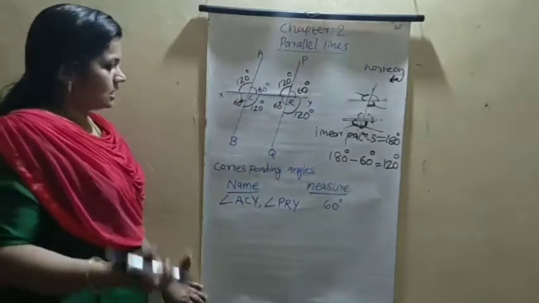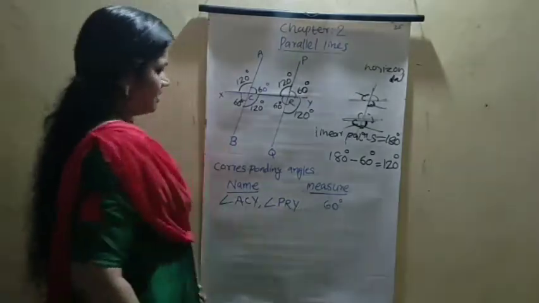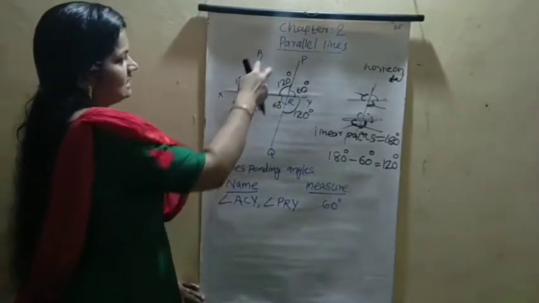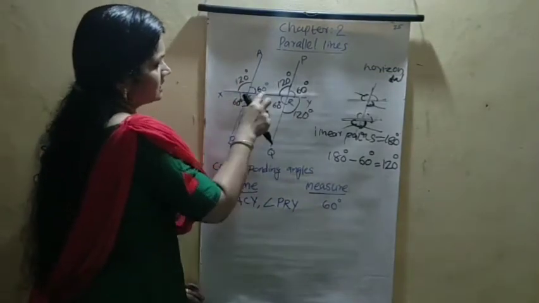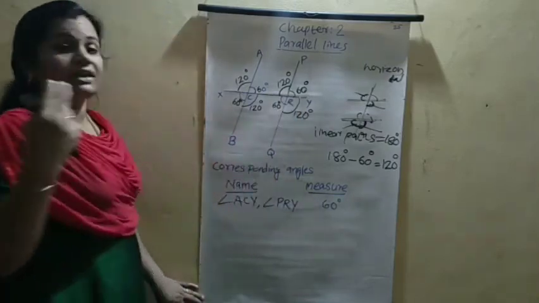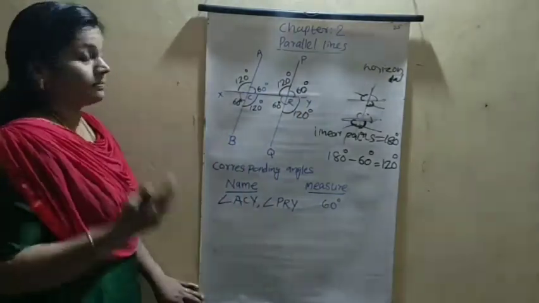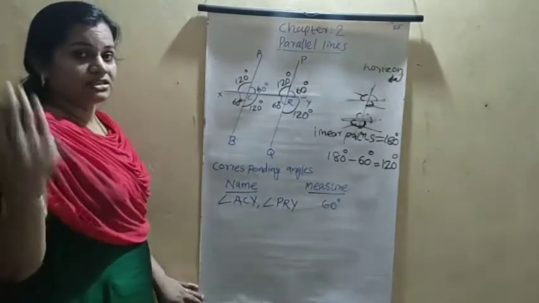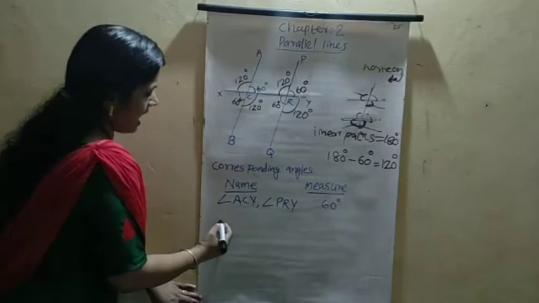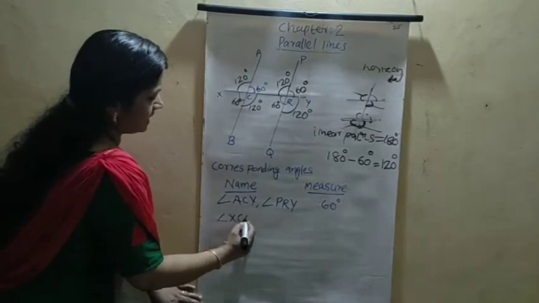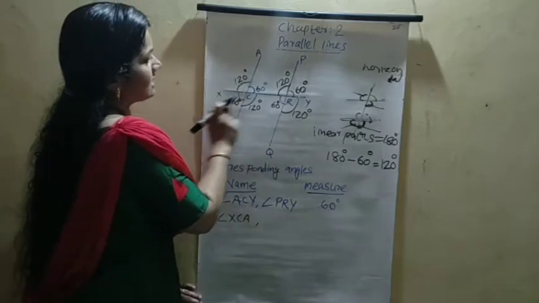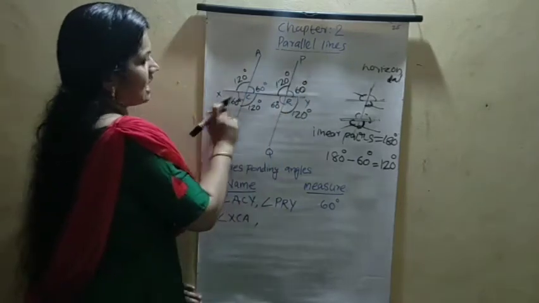Understood all? Then how do we write the names and the measurements? Only one pair is given. Angle ACY is 60 degrees, then angle PRY is 60 degrees. Then the next pair of corresponding angles: angle XCA and angle XRP.